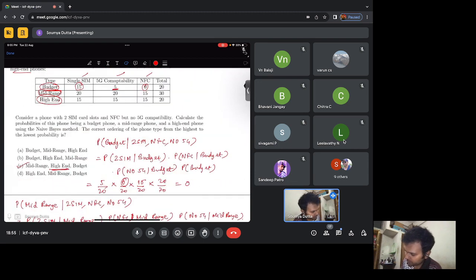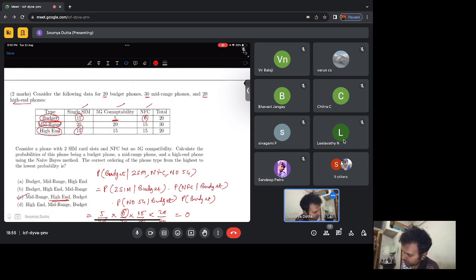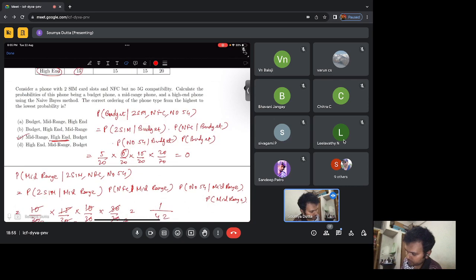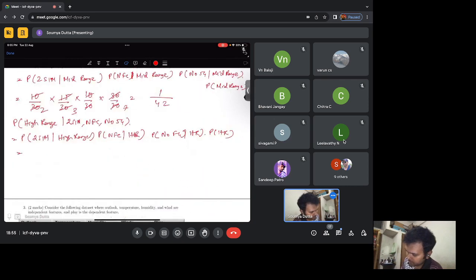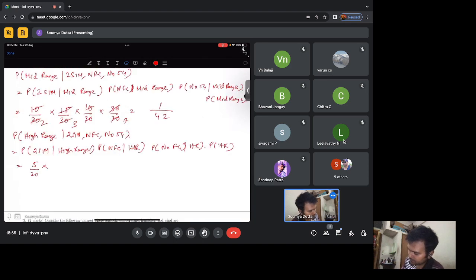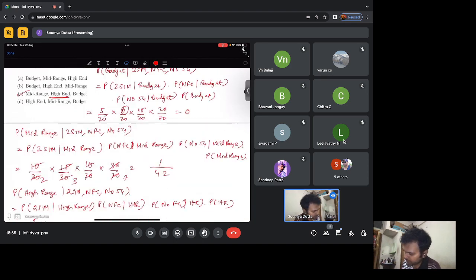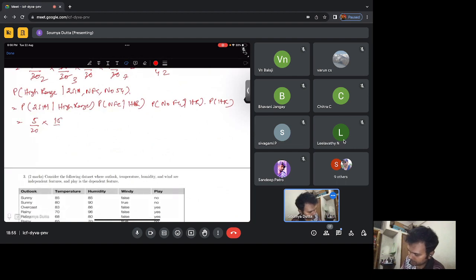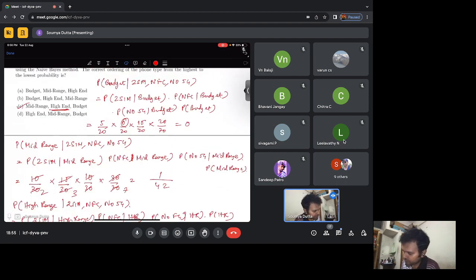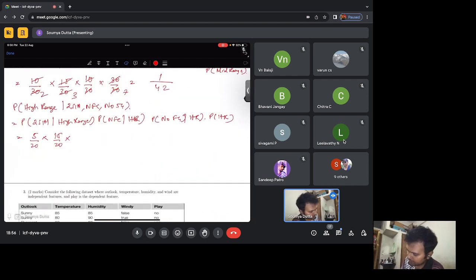So 2 SIM would be out of how many phones? 20 phones. Okay, so 2 SIM would be 5 by 20, NFC would be 15 by 20, no 5G would be 5 by 20, and this would be 20 by 70.